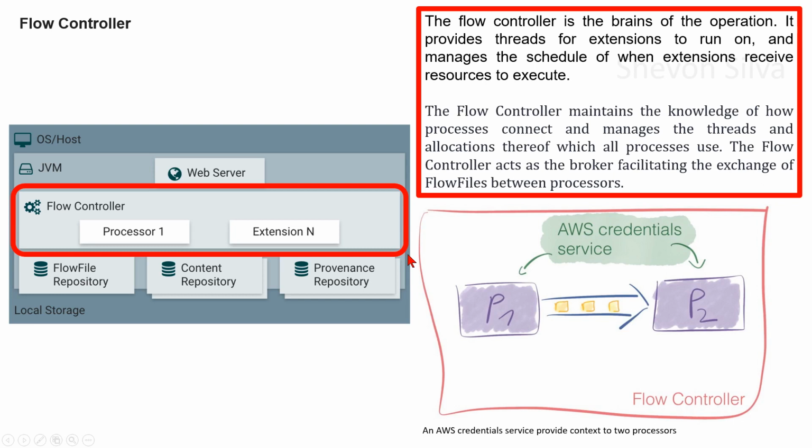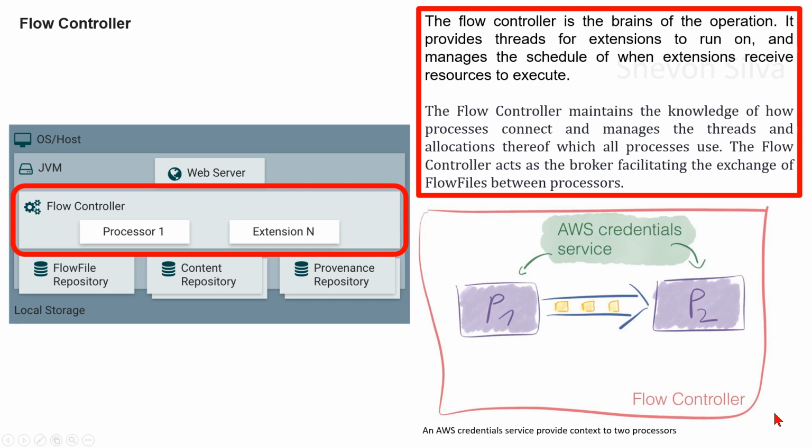The flow controller acts as a broker, facilitating the exchange of flow files between processors. Here you can see an AWS credentials service providing context to two processors.